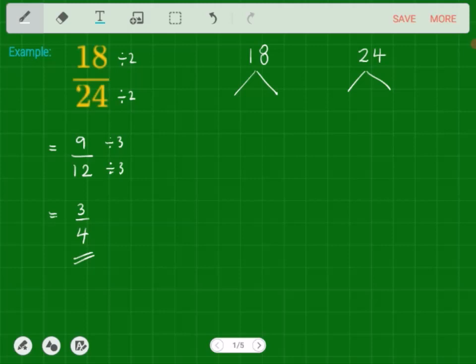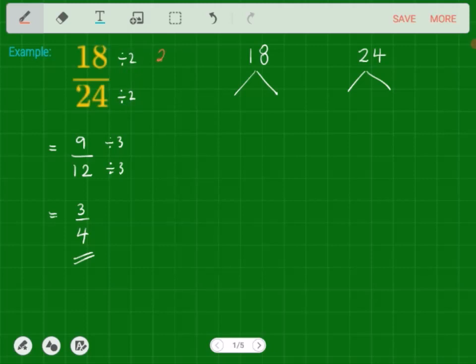Okay, now there is another way of looking at this, because the way we did it there, where we're told to look for a common factor, is not really showing the problem clearly. If I show it clearly, and I'll use a different color for this, we have 18 over 24. If we do divide by 2, what we're saying is that there is a factor of 2 in the top and the bottom.